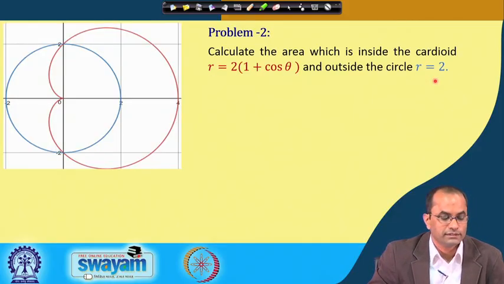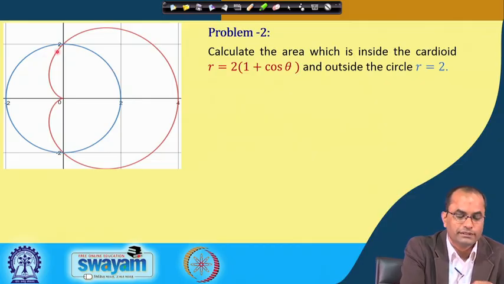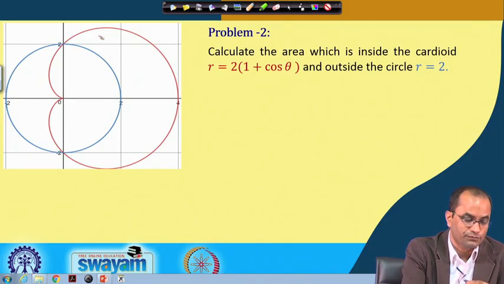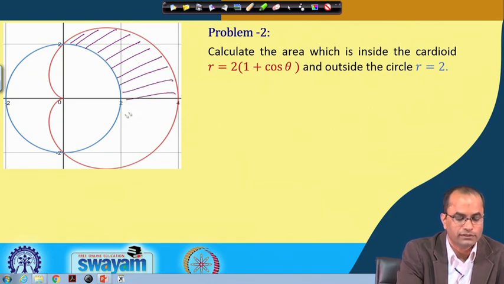So, in this case we have this cardioid, and then we have the circle here of radius 2, and then what is asked here is inside the cardioid and outside the circle r is equal to 2. So, that means we are talking about this here, outside the circle and inside this cardioid.